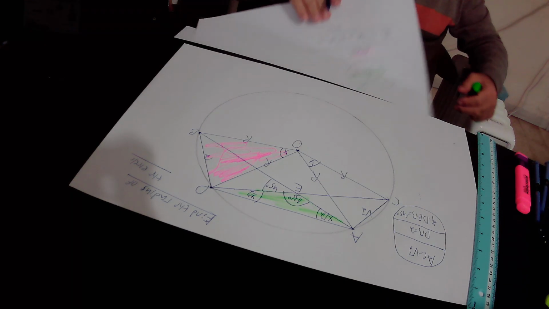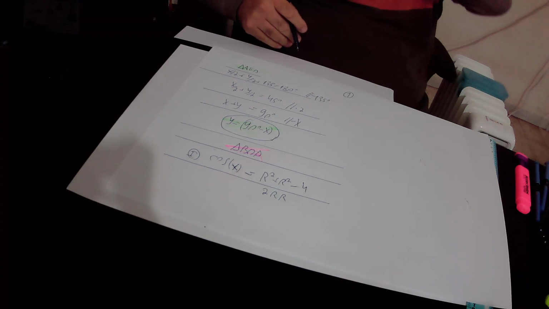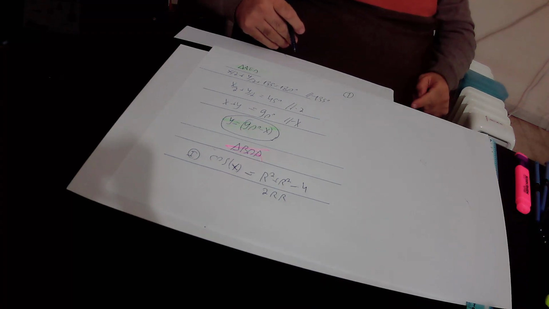This is equation number 1, the implementation of the law of cosines on the pink triangle, triangle BOD.